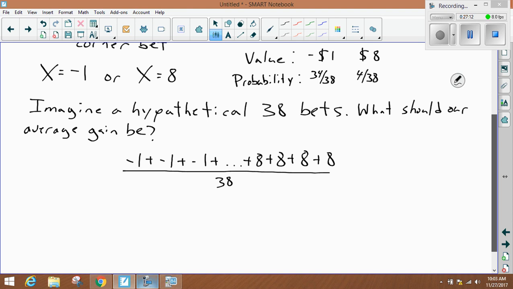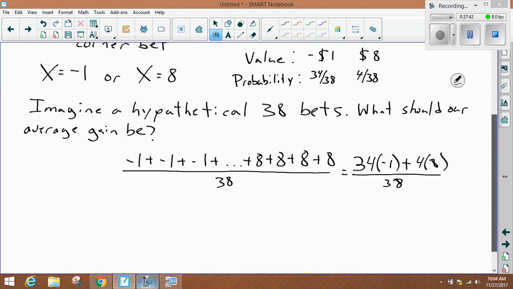Okay, so that's 34 times -1, plus 4 times 8, divided by 38.